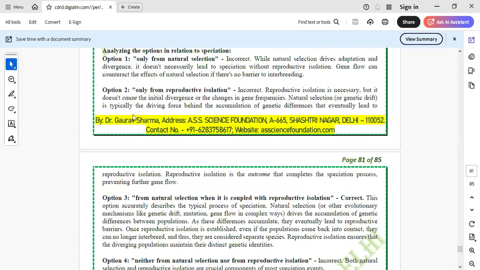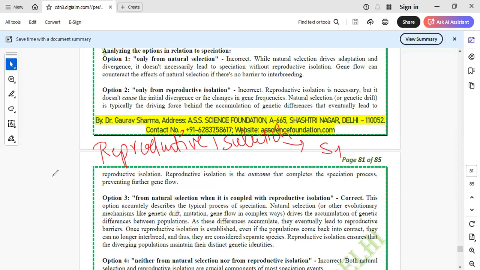And along with that, you should also know that geographical isolation basically causes allopatric speciation, क्योंकि ये क्वेश्चन मुझे लग रहा है इस बार आपको मिल सकता है. We have taught you this thing, it was there in our booklet also.